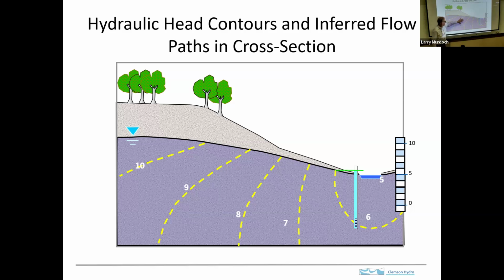So this is the hydraulic head distribution in cross section for the typical kind of flow system that I've been drawing in cross section. It's a gaining stream. And we put in a piezometer right here, and the screen hits the 6 contour, so the water level in the piezometer is right there.